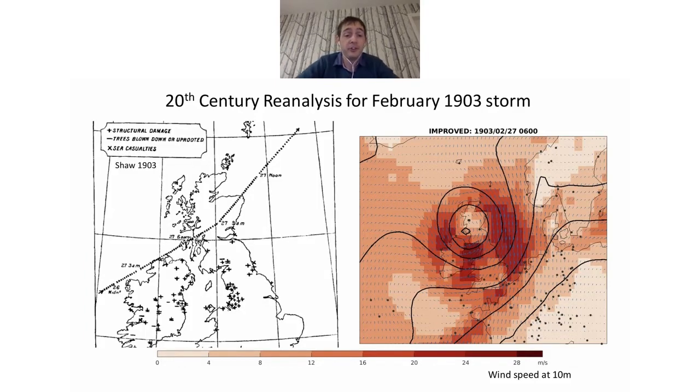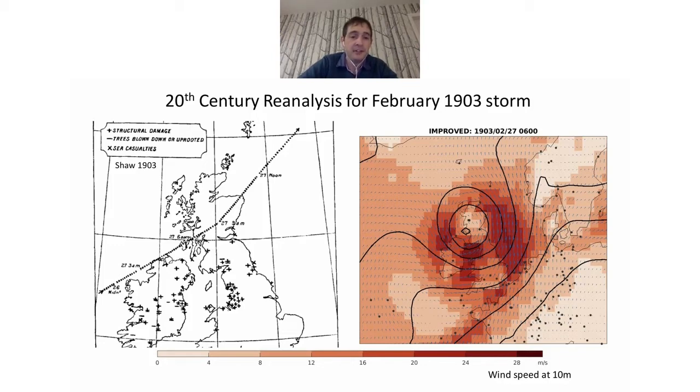And this was such a severe storm that the Royal Meteorological Society commissioned a special report into the damage that it caused at the time. And so this is actually a map from 1903, where they'd put together the different places where damage had occurred. And you can see all the little symbols, the crosses and the pluses and the minuses, where structural damage had happened, or trees were blown down, or unfortunately there were lives lost at sea.